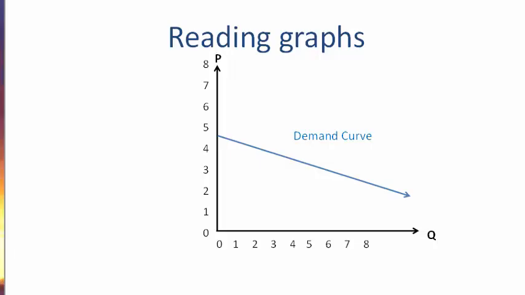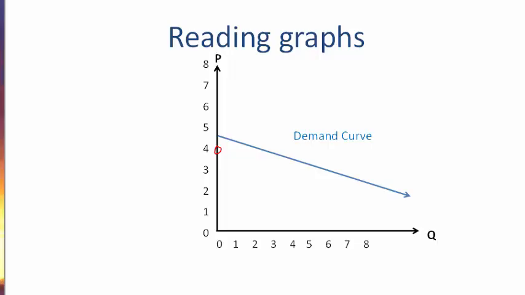Well, the kinds of questions I could answer would be, what if the price for a certain product in this market were, say, $2,000 or let's say $4,000? If the price were $4,000, what would be the quantity demanded?